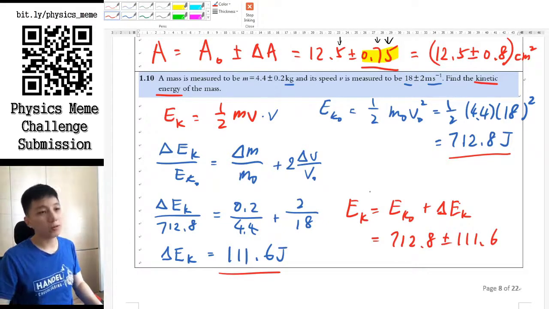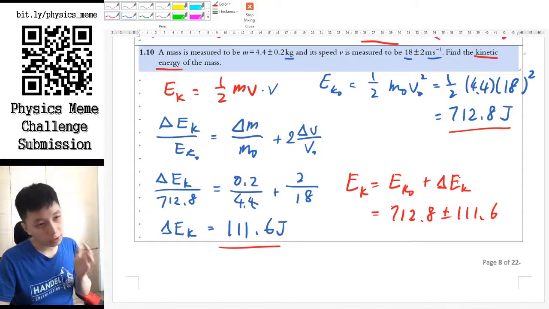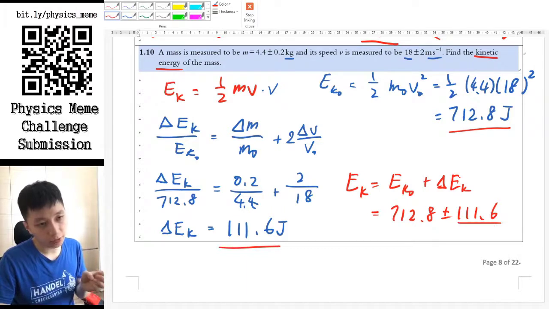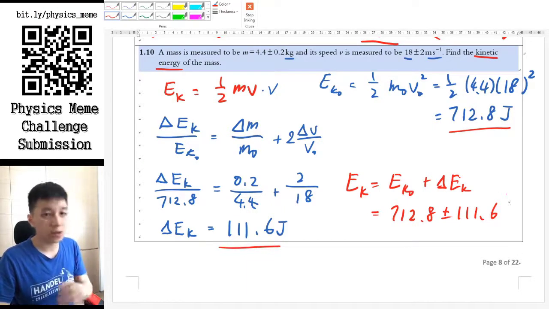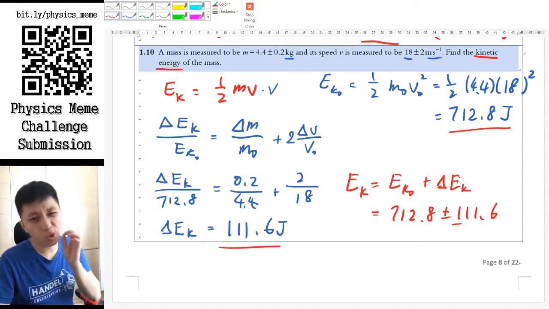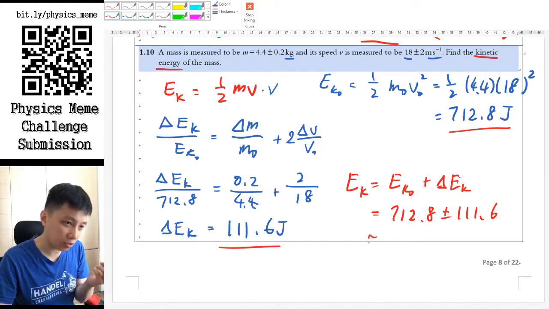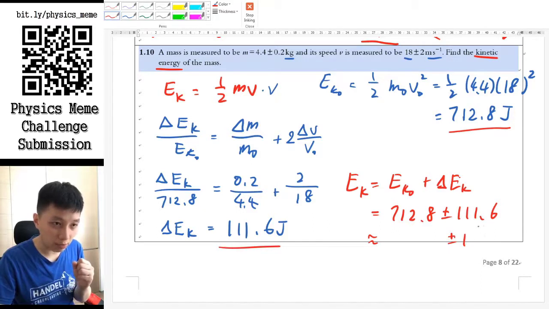So once again, according to what we talked about earlier, for the absolute uncertainty, you could express it with 1 sig fig or 2 sig fig at most, right? And this one starts with 1, so you could choose 2 sig fig if you think 1 sig fig is too much. So for 1 sig fig, I'll show you how, because this will become 100, so 1 times 10 to the power of 2.